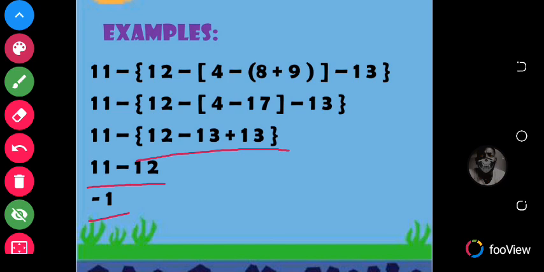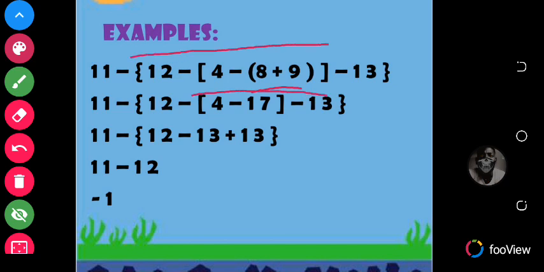In order to differentiate, if there's another group in the group, you can use the brackets, and then you can also use the parentheses. These are just used to differentiate the various groups in a larger group. But you can use them anyhow. It doesn't matter the order in which you use them. It's just to show that this is one group, this is another group, and this is the full group.